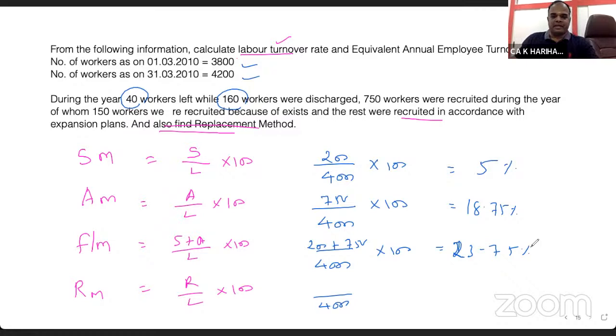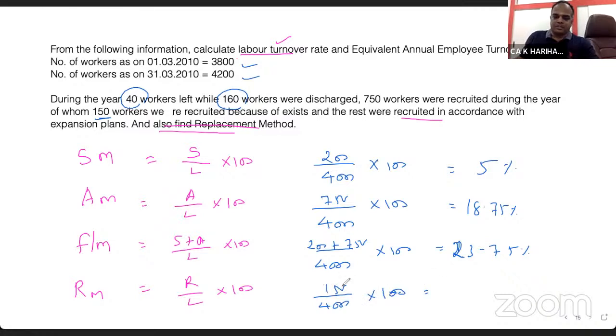Then replacement method. How many of them were replaced? They are given, out of which 150 were recruited because of existing, in the sense of replacement. Because of a few people who went out, we have appointed. So 150 is the replacement for whoever goes out.